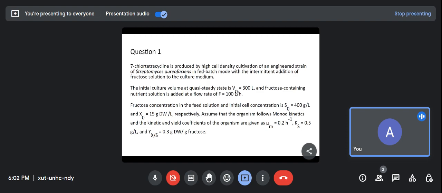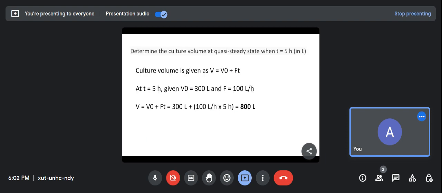So you have to assume that the organism follows Monod's kinetics, and the kinetic and yield coefficients of the organism are given by mu max equals 0.2 per hour, Ks equals 0.5 gram per liter, and yield coefficient equals 0.3 gram dry weight per gram fructose. So you have to determine the cell culture volume at quasi steady state when time equals 5 hours.